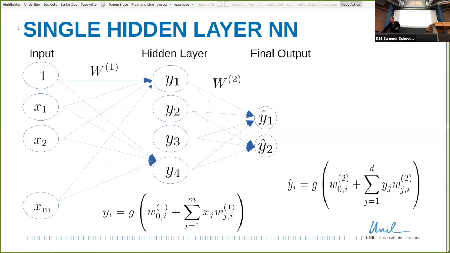And from that, we now build a trivial neural net. How do we do that? We still have the inputs. Here we have the outputs. That's what we see, if you have empirical data, you have X, you have Y. And now we add something which is called a hidden layer.